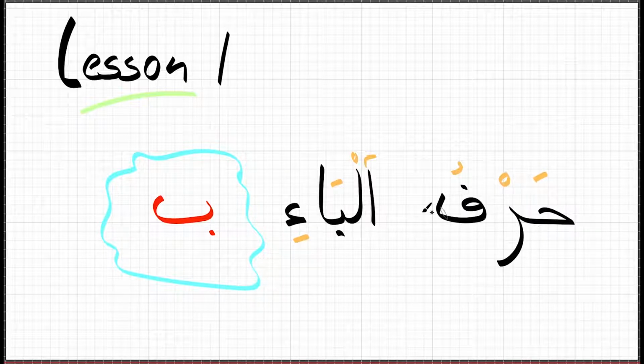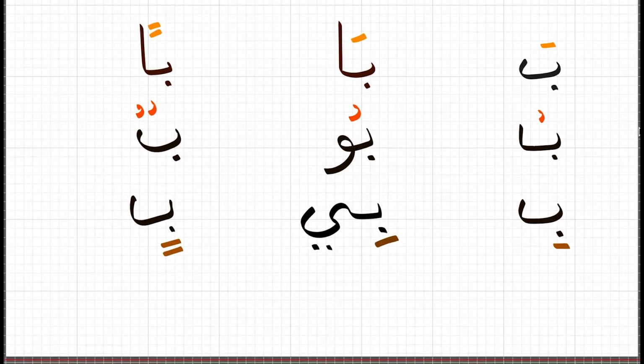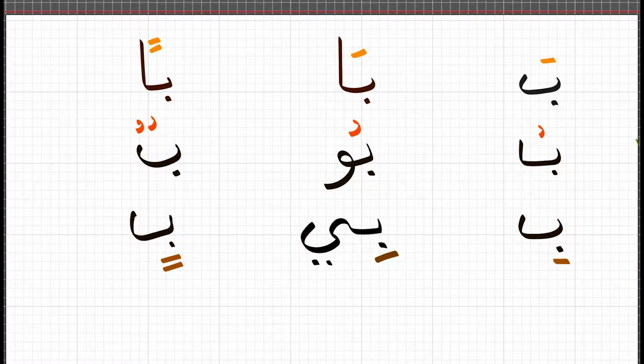So first, let's start with our first letter in Arabic, which is ba. And then we're going to add signs, which in Arabic are called tashkil.